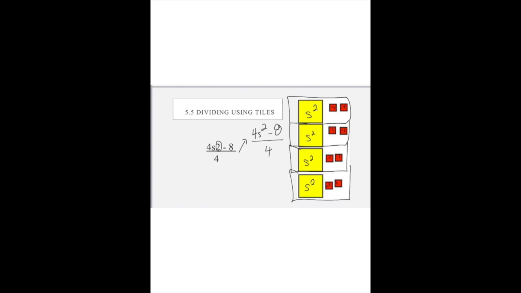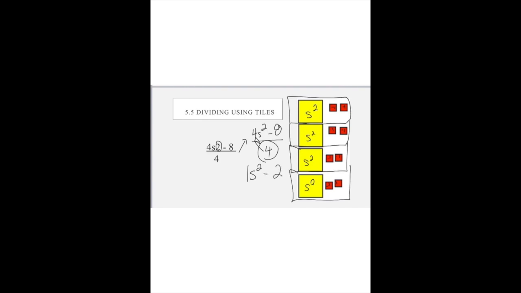Because we don't have an s in our divisor, what we end up doing is we divide 4 into 4, which gives us s squared, which is the same as saying 1s squared. So 4 divided by 4 is 1, minus, and then 4 into 8 is 2.